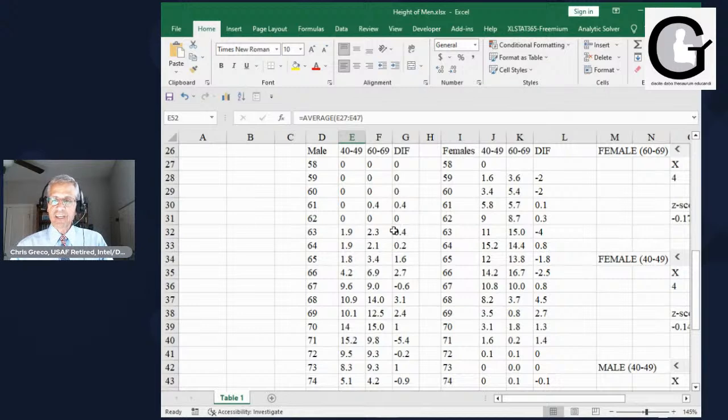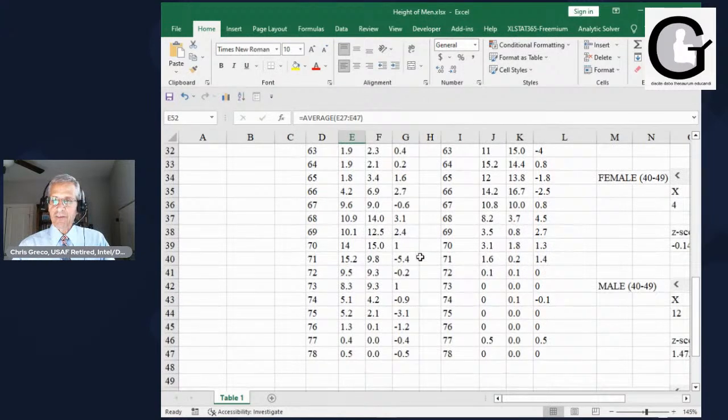Slight increase here at 63, slight increase here at 0.2, 1.6, 2.7. Again, these are older individuals, but you actually have more of a percentage. Then all of a sudden 67 happens and you get a negative. But 68 and 69 happens and you have an increase between 40 to 49 and 60 to 69.